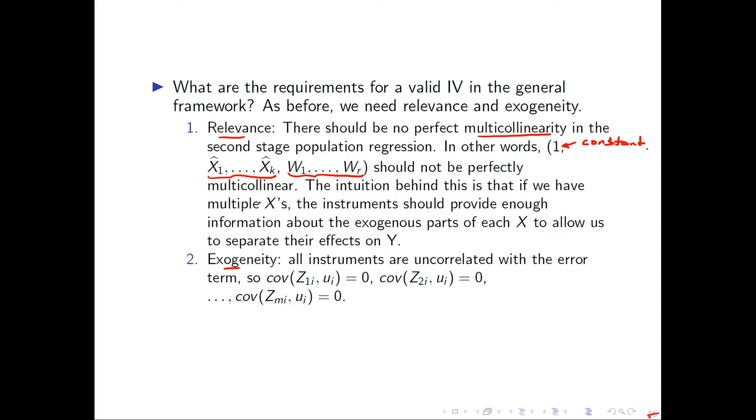So for example, if x1 hat and xk hat were just the negatives of each other, so when x1 is equal to 5, then xk is equal to negative 5, to take a simple example, then these exhibit perfect multicollinearity.